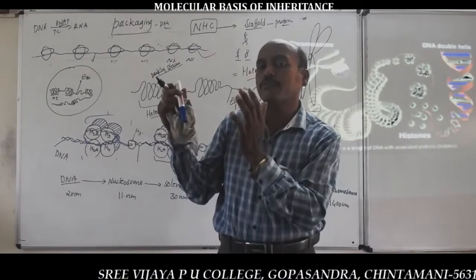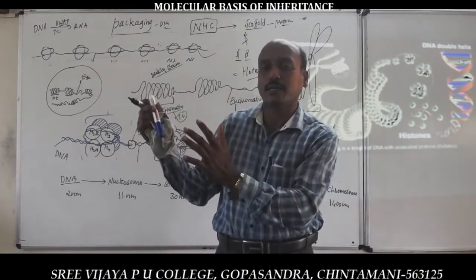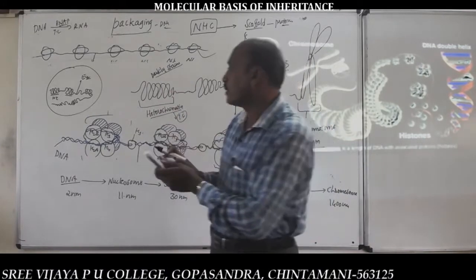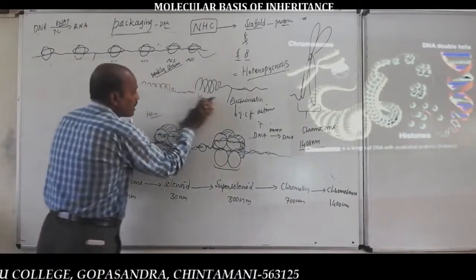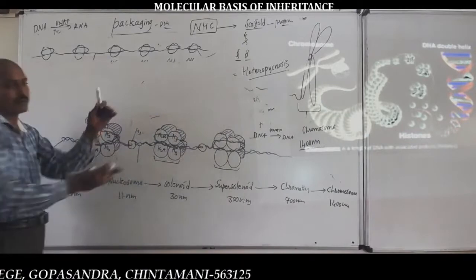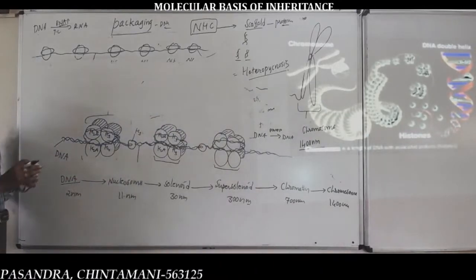So after full packaging of DNA inside the nucleus of eukaryotic cells, finally it organizes the rod-shaped structure called chromosome.